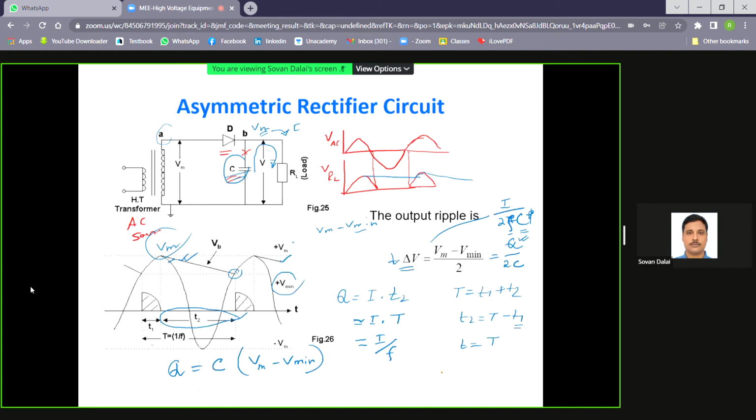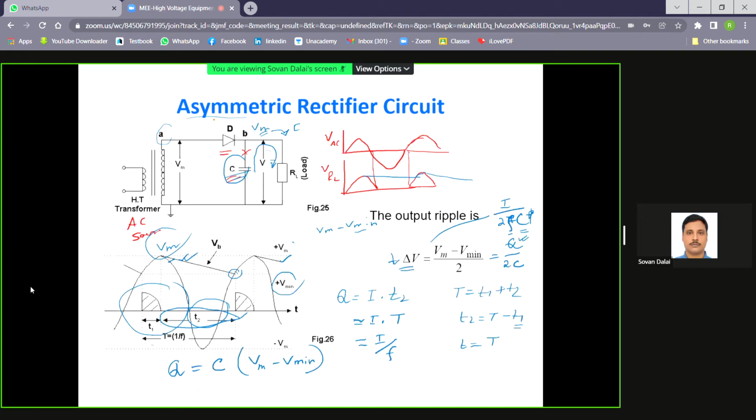But if you observe the conduction period of the diode, in the positive half there is conduction and in the negative half there is no such conduction, so the conduction periods are different. That is why this circuit is called an asymmetric rectifier circuit.